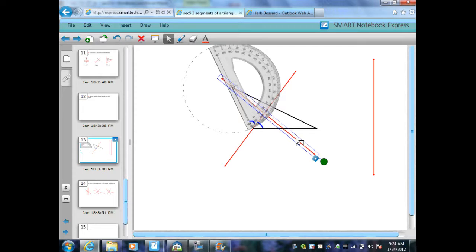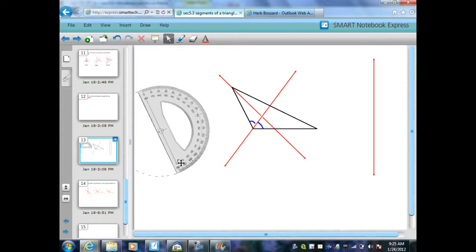And that's pretty close. That could be as close as I get. Now I've created two angle bisectors inside that triangle.